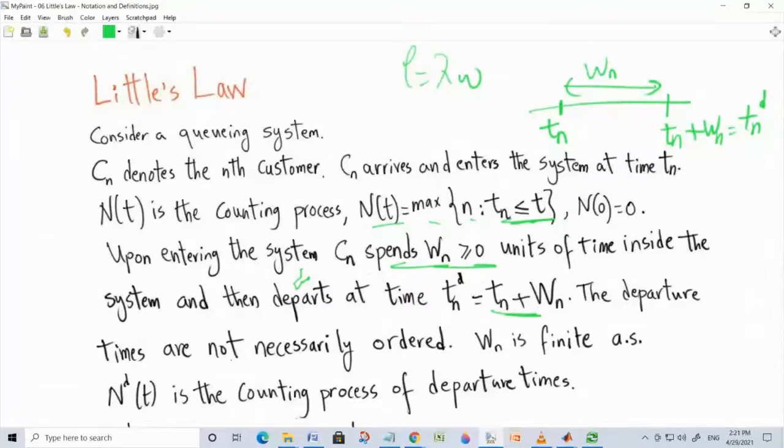So the arrivals are ordered, the departures are not necessarily ordered. Of course, if there is just one server, then customer 2 will have to wait for customer 1 and so on. But again, I am trying to give you a derivation that is very general, because Little's law, or Little's theorem, is an amazingly general property of queues.